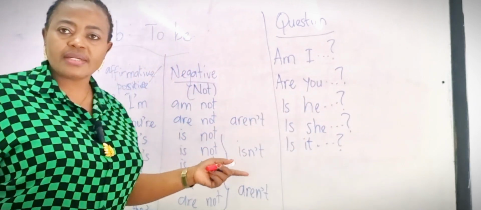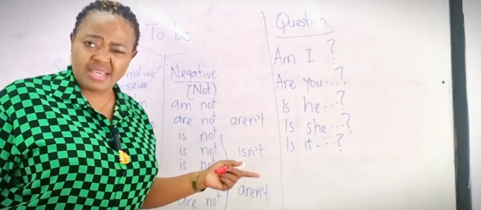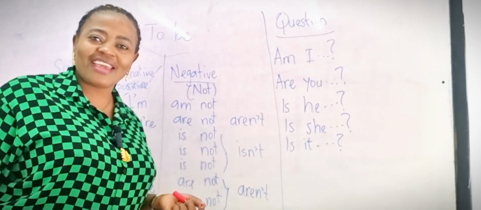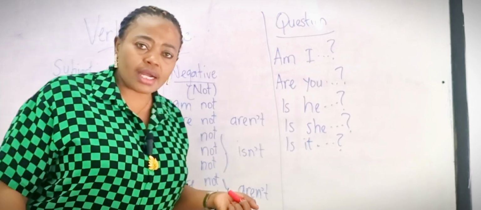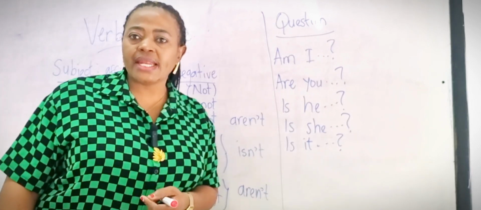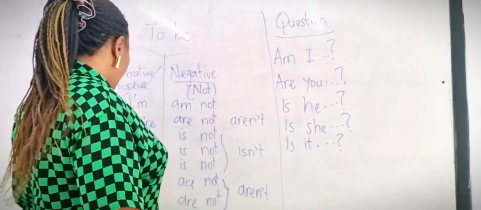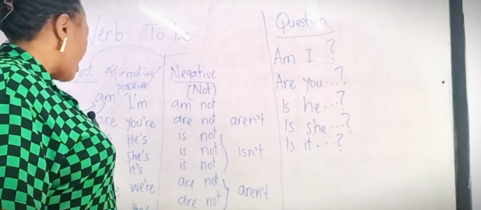So, is he a student? Is he okay? Is she a student? Is she okay? Is it a dog? Is it a pen? Is it a marker?